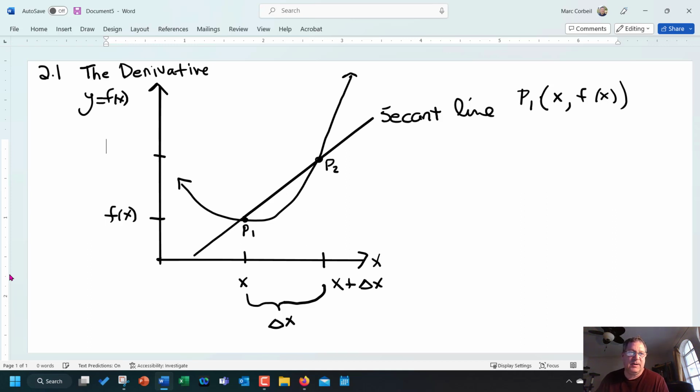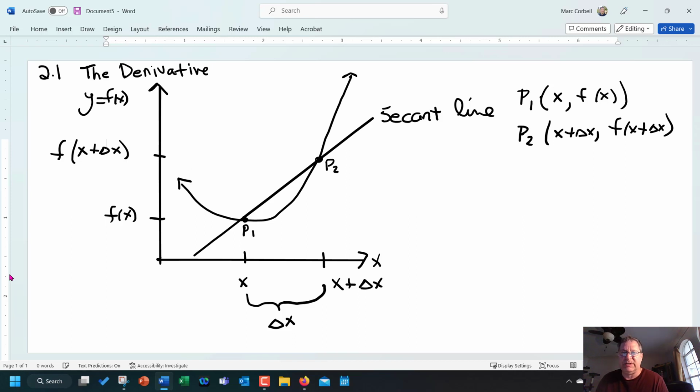And over here, if we were to put that x plus delta x in the function, that would give us that second component of that point, y. So point 2 will be x plus delta x, and then f of x plus delta x.